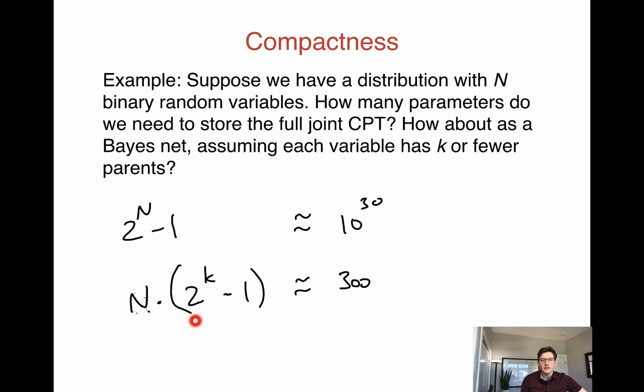If we wrote this as a Bayesian network, each table has just 2 to the 2 minus 1, that's 3, times 100 variables, so 300, which is totally manageable, versus 10 to the 30, which is probably straining even a really modern computer. In fact, that's probably way too much to store on even giant memory mapped hard drives these days.